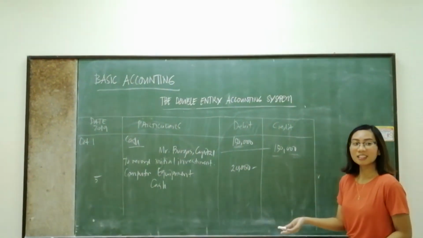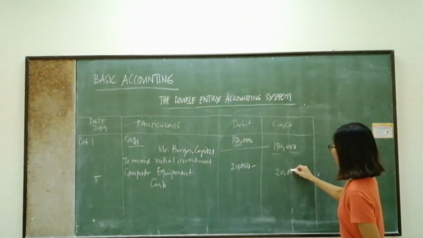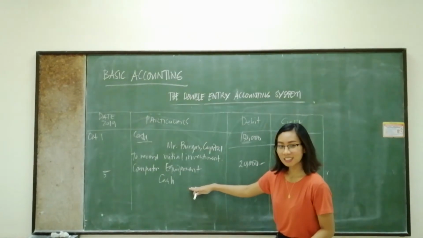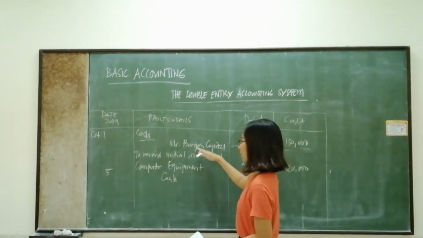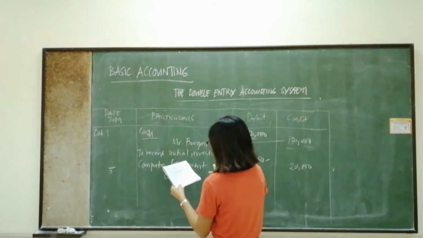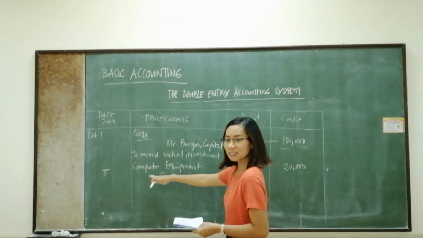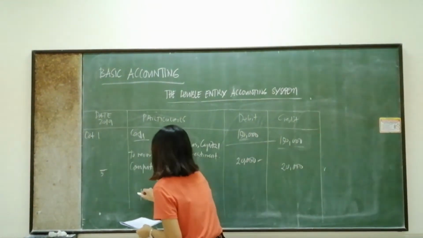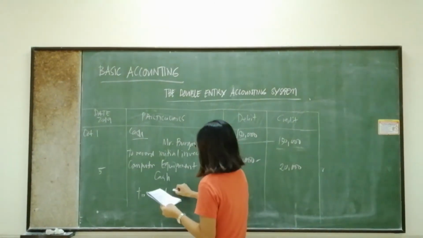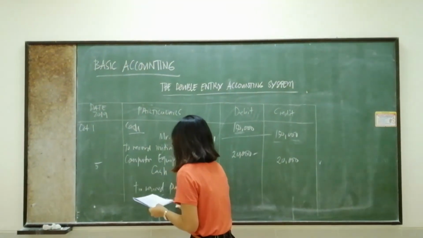Right? To decrease cash, you have to credit 20,000 pesos. So he used his investment to purchase computer equipment. So it's a deduction from his capital investment. So the purchasing of the computer should be recorded as follows. To record purchase of computer.